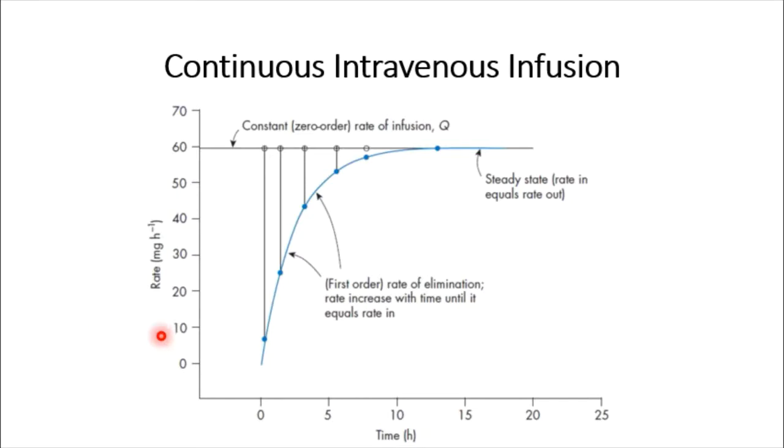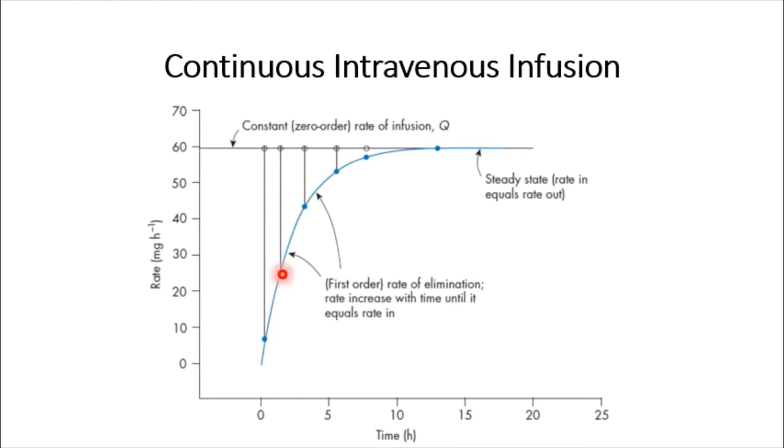Initially, the rate at which the drug enters the body, although constant, is greater than the rate at which the drug is eliminated. So there will be an accumulation of drug through the initial time points of drug administration.